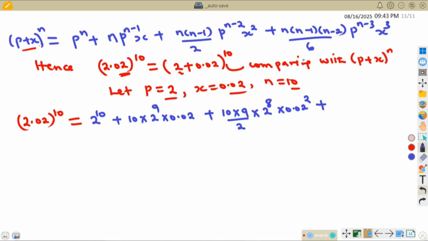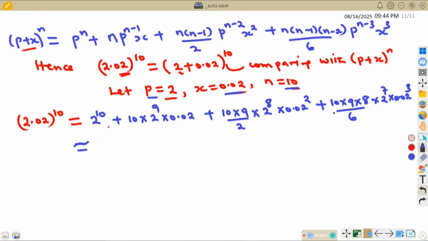Then plus n is 10 times this will be 9, this will be 8. We are dividing this by 6. P is 2, so we are multiplying by 2 to the power of 7. We are multiplying by 0.02 to the power of 3. So that is what we shall get when we try to put p as 2, x as 0.02, and n as 10. So we shall need to simplify this further.